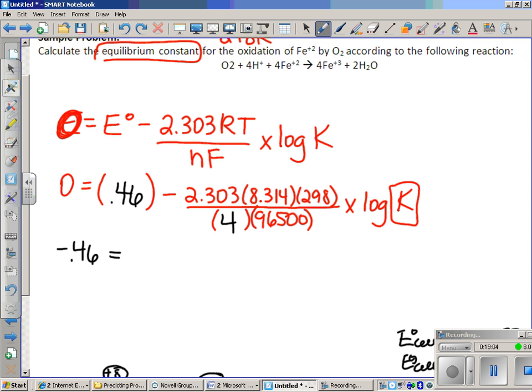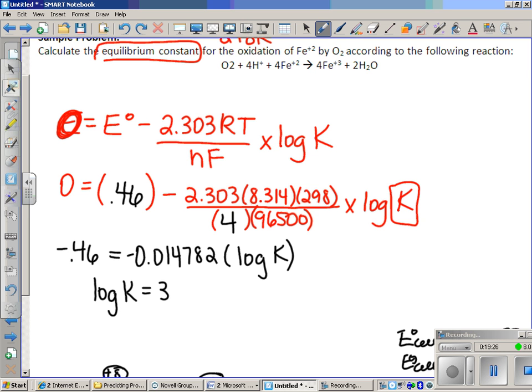When I do 2.303 times 8.314 times 298 divided by 4 divided by 96,500, I get negative 0.014782 times the log of K. Then I'm going to divide over the negative 0.014 number, and when you do that, you get that the log of K is equal to 31.119, and then you're going to hit second, and then your log button, that'll give you the inverse of log, and then you're going to put in 31.119, and your K value will come out to be 1.32 times 10 to the 31st, I believe, although I'm having a hard time reading my work, so I'm going to double check.